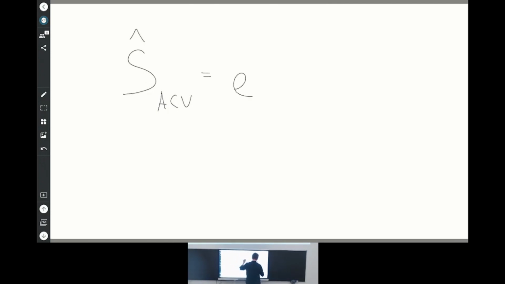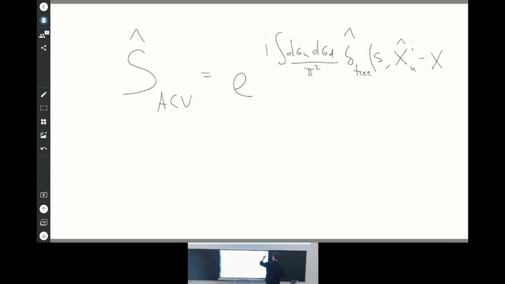You take e to the i, and now you have two strings that get scattered, and here you have this operator, we call it delta tree, which depends on s, and now depends on the operators of the upper string, say, minus the operators of the lower string.